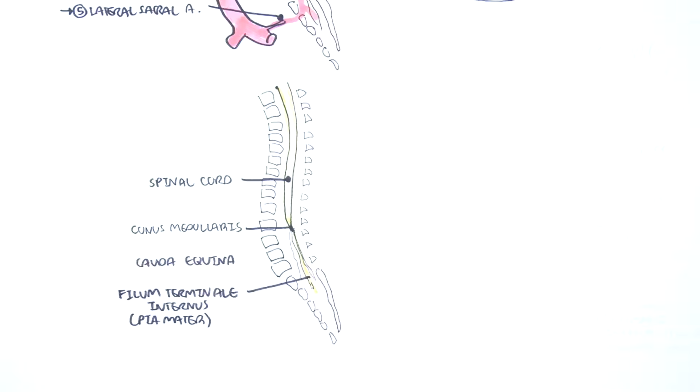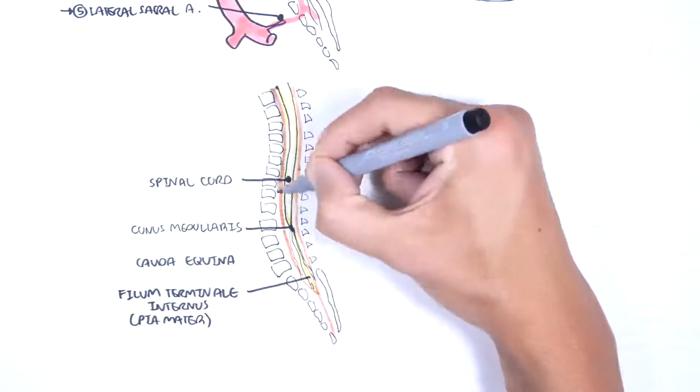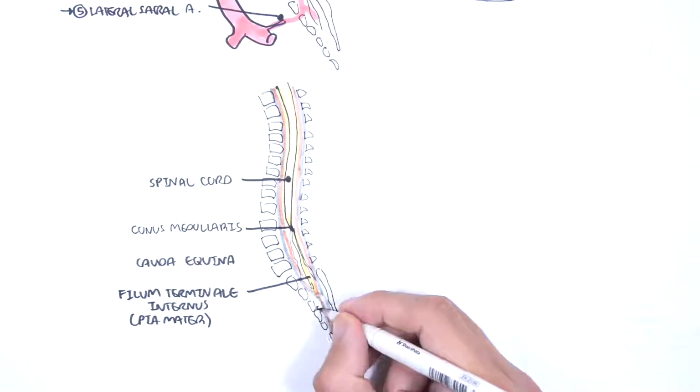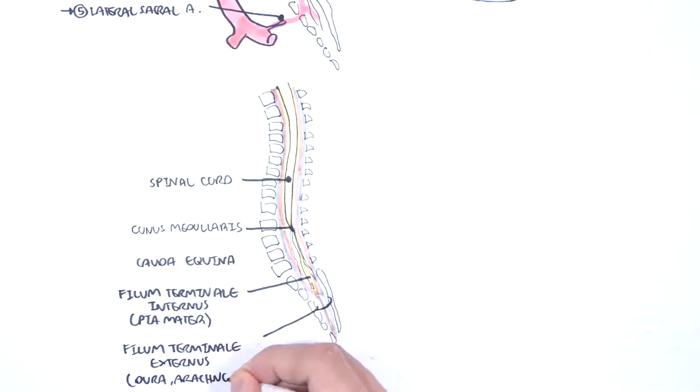The filum terminale is divided into the filum terminale internus, which is made up of a continuation of the pia mater, and then you have the filum terminale externus, which is made up of the dura mater and the arachnoid membrane. The filum terminale externus ends at the coccyx.